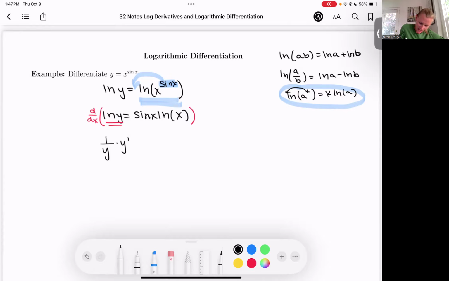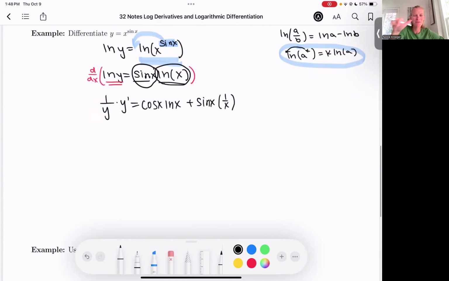And then on the other side, I only have x's, so I just have to take this derivative like normal. Here I have sine x times ln of x, so that's a product rule. The derivative of sine of x is cosine of x. We leave the ln of x alone. Then we leave the sine x alone. We take the derivative of ln, which is 1 over x.